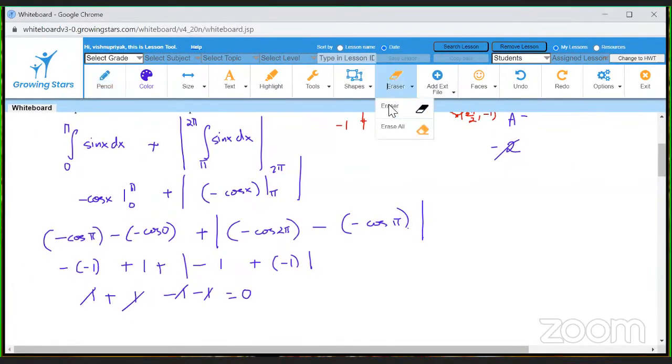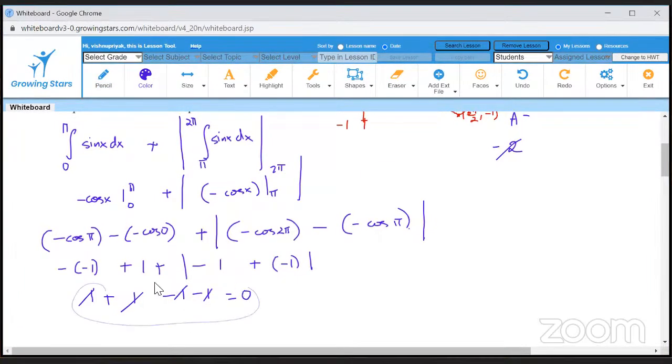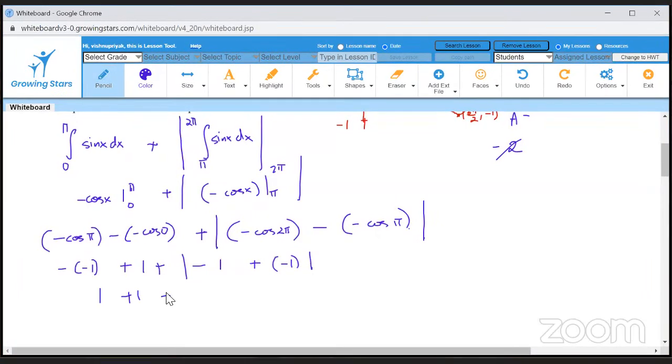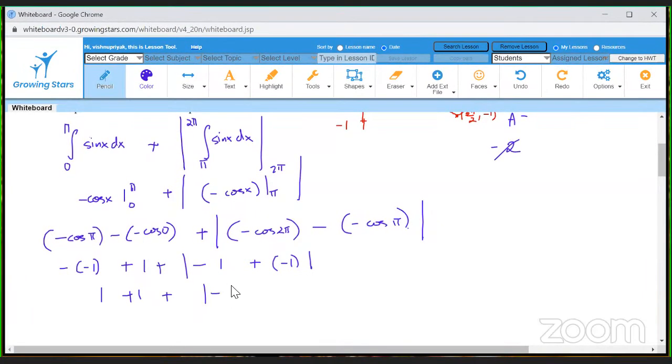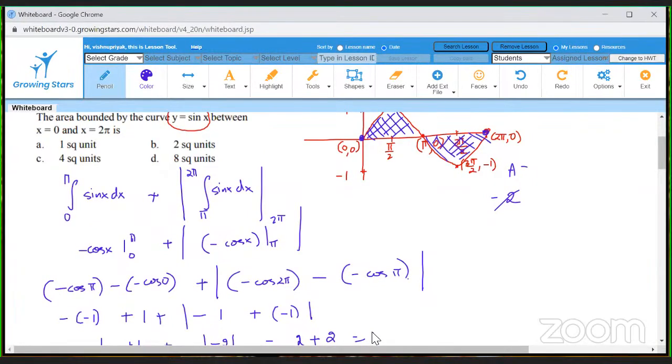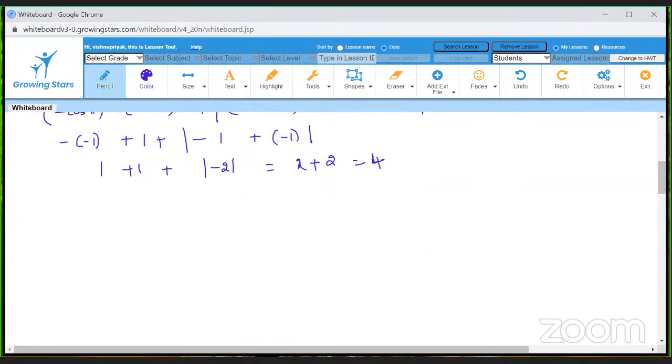Then it won't get cancelled, you won't get 0. 1 plus 1 plus mod of minus 2. 1 plus 1 is 2, mod of minus 2 is 2, total you will get 4. So option C is the answer. That's why you have to put mod.